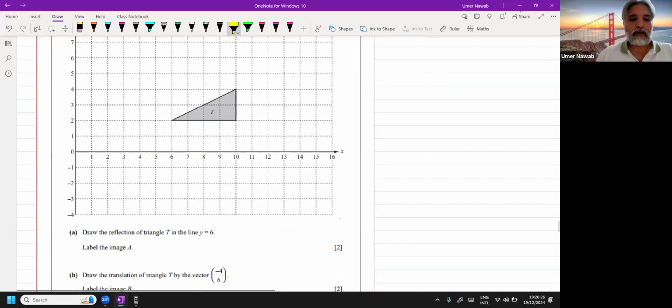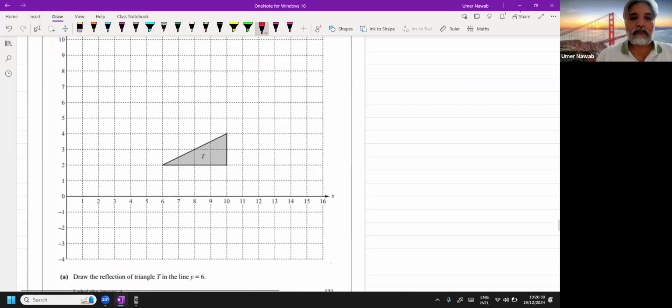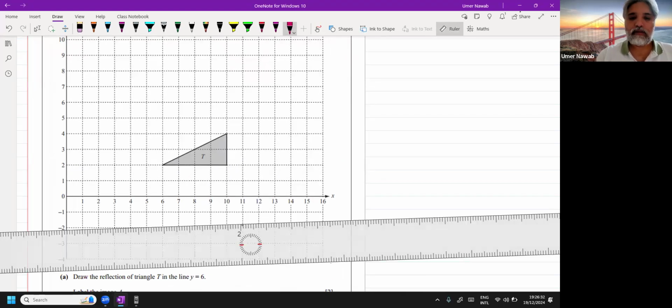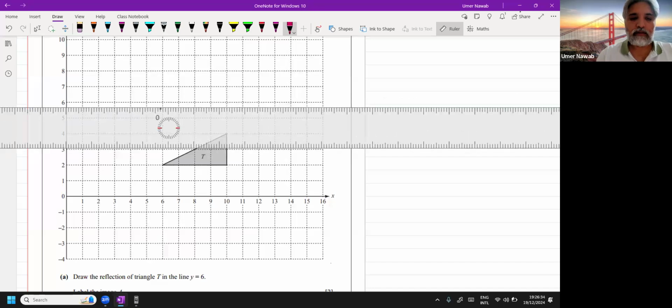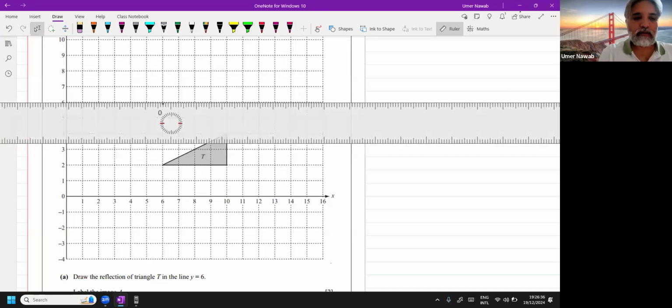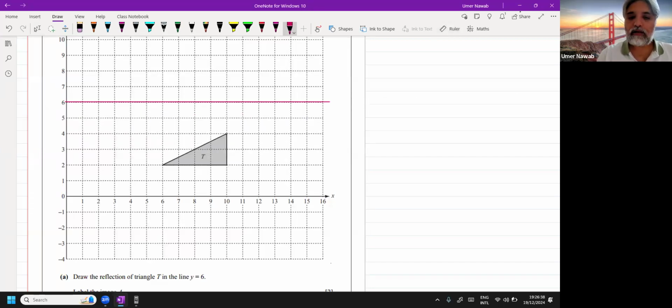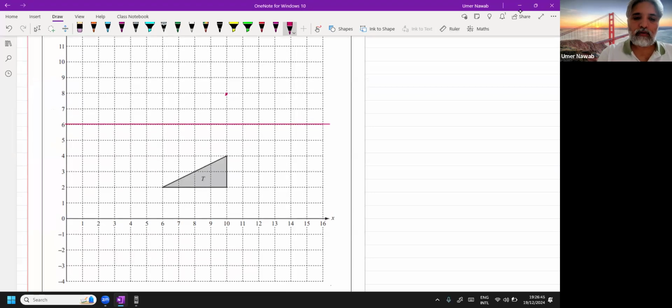Now he gives you the y equals 6 line, and the y equals 6 line is basically this. Now we need to reflect it. So this is a reflection.